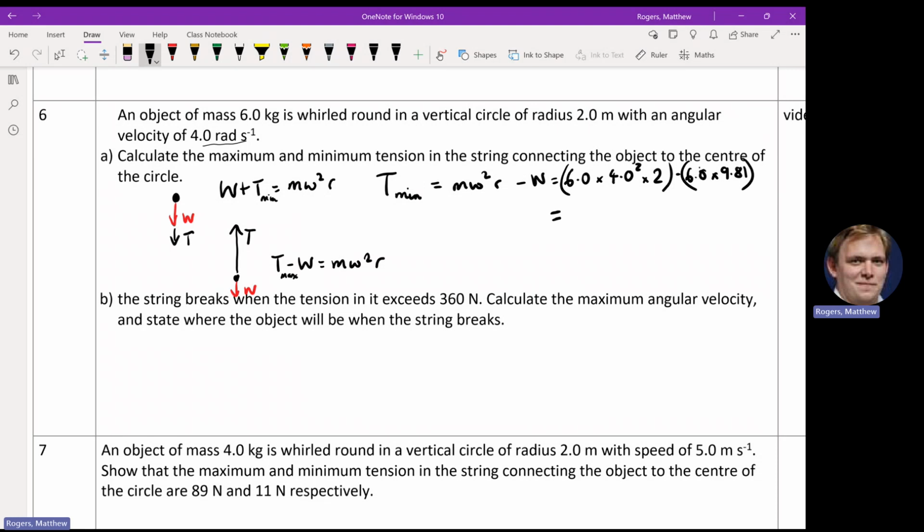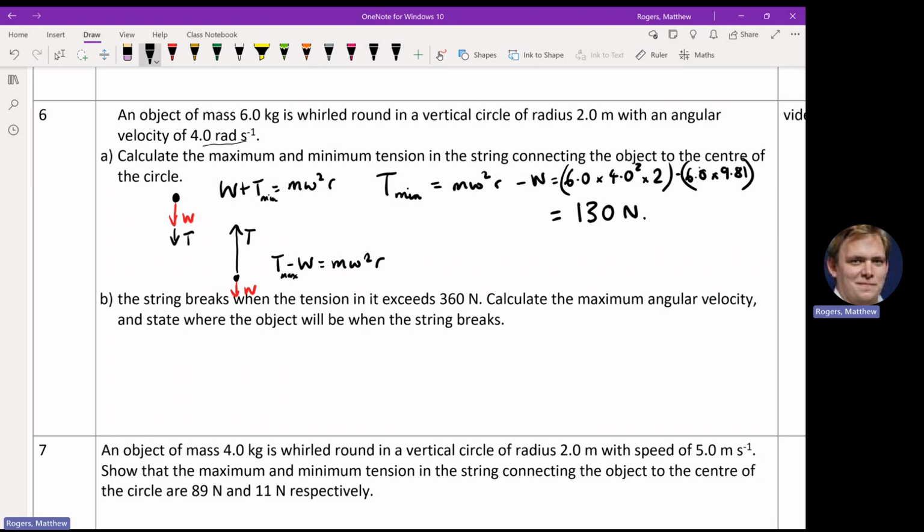So I'm going to calculate that. That's 133 newtons. Two significant figures should be enough for what we're doing here, shouldn't it?